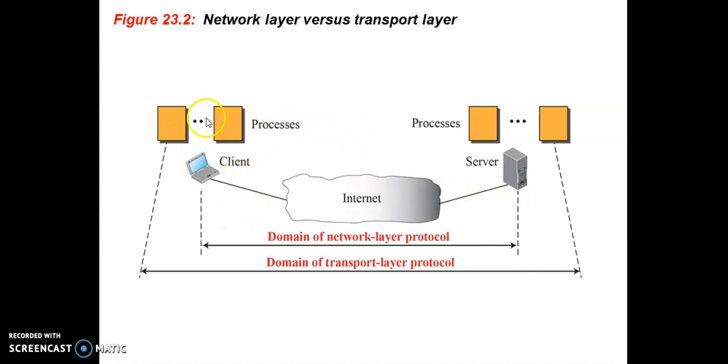These are the processes, different processes. The network layer provides host-to-host communication, but in the domain of the transport layer, it provides process-to-process communication, because each and every host contains different processes.